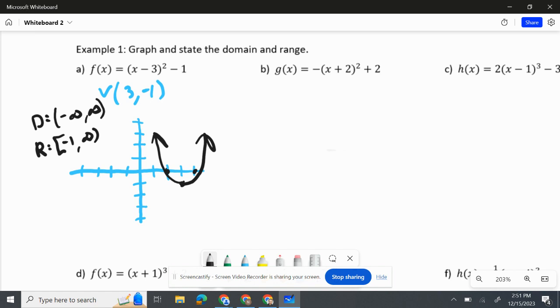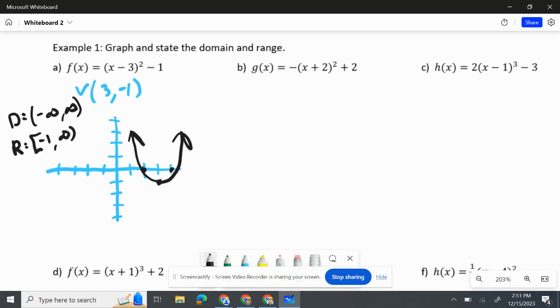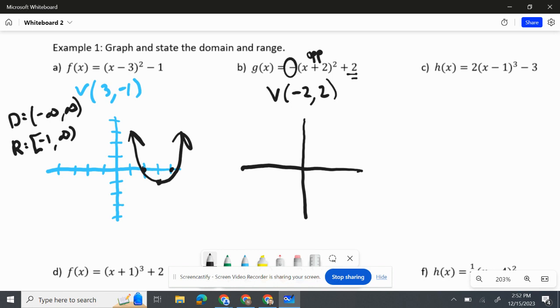For the next one, we find our vertex, and that's -2, 2. Remember, it's always the opposite inside, and it's the number outside. When we graph this, we look at our A value, which in this case is -1. That means that instead of the U going up, we have a U going down.